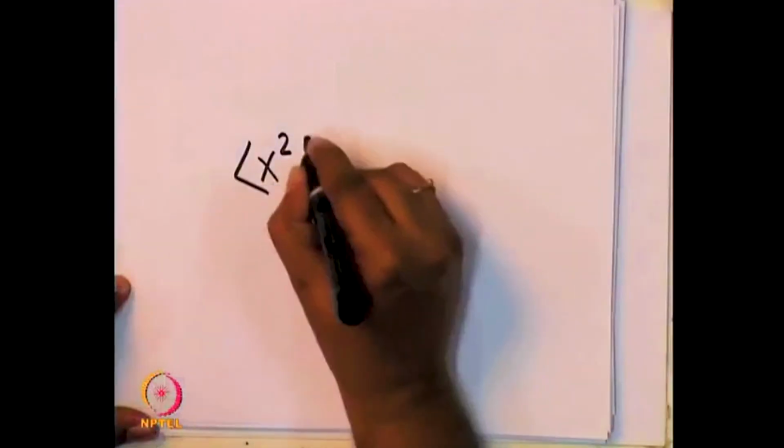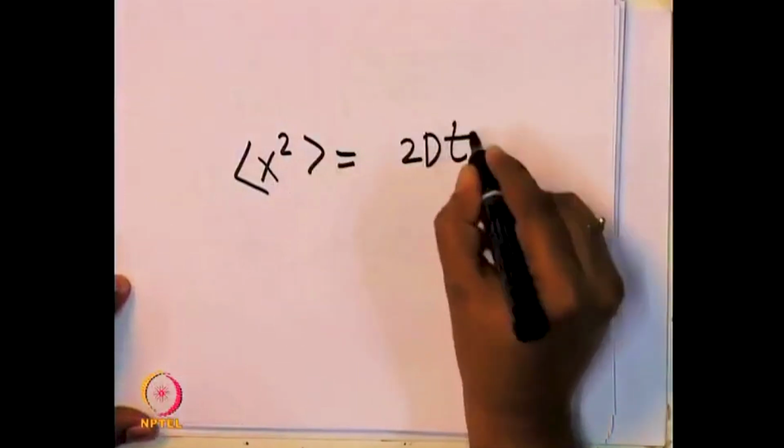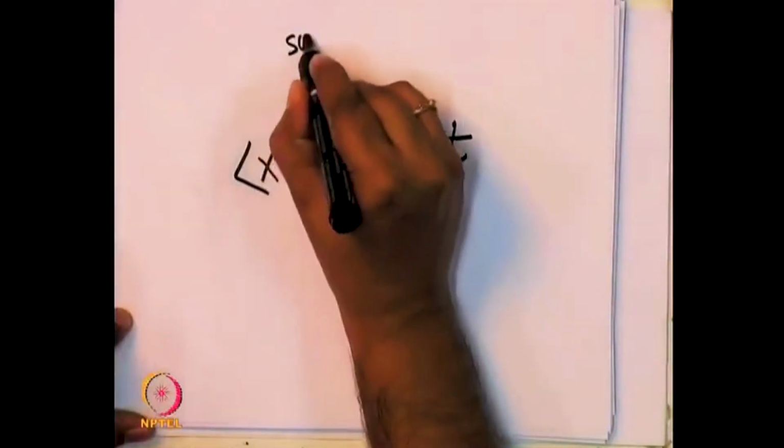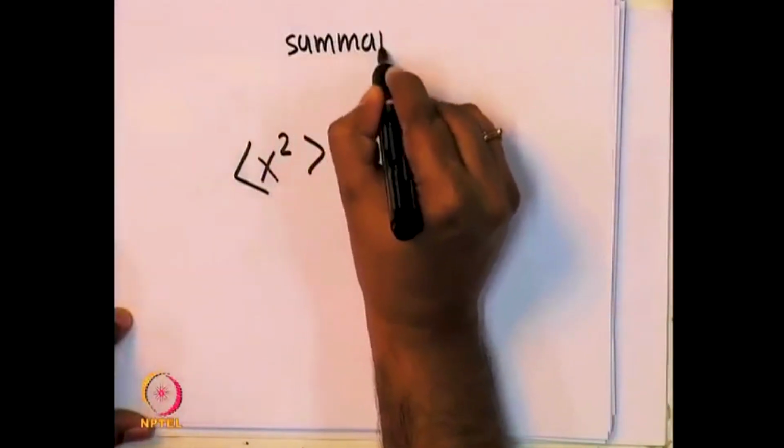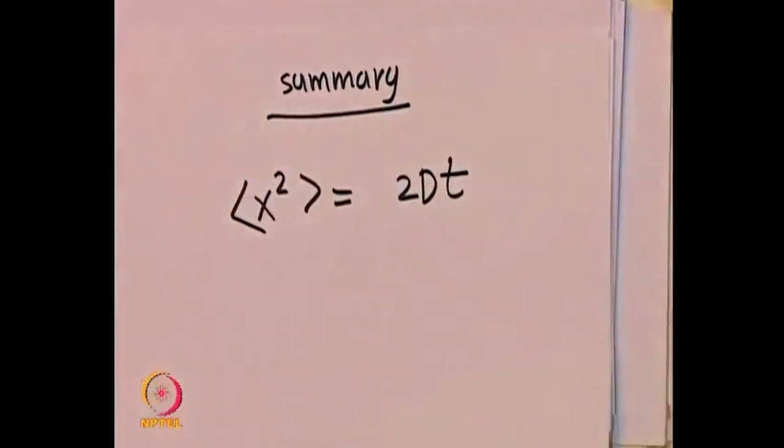This is our summary, just one equation: x square average is 2 dt. It is a very important relation in biology, in physics. If you have learned spectroscopy or many different areas, you might come across this relation.